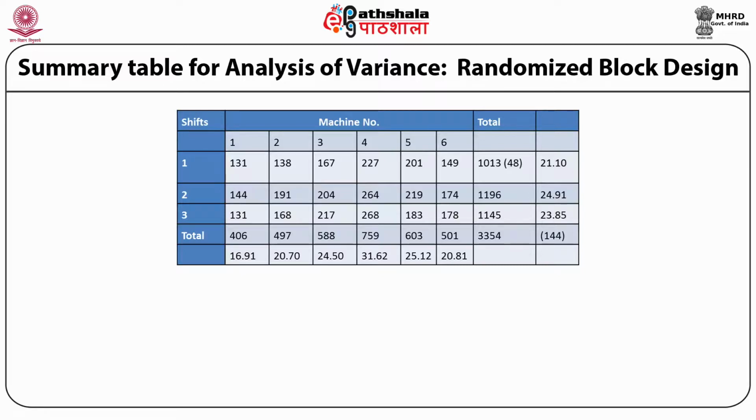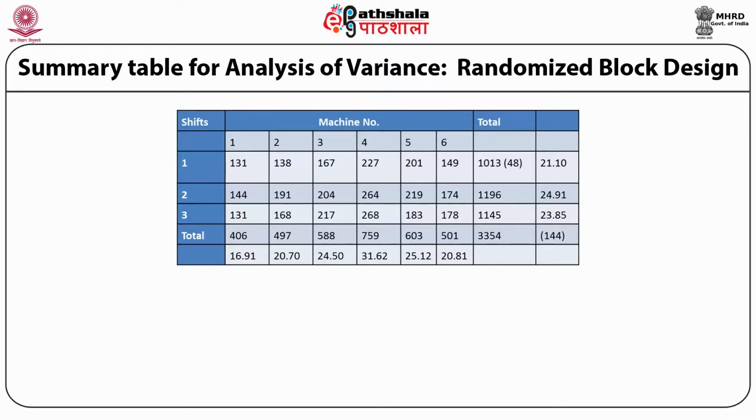And this is the summary of the bottles of machine 1, which is 400. Machine 1 fills 406 grams of soap in all the 3 shifts, and like that you can see the total volume of soap filled in the 3 shifts.